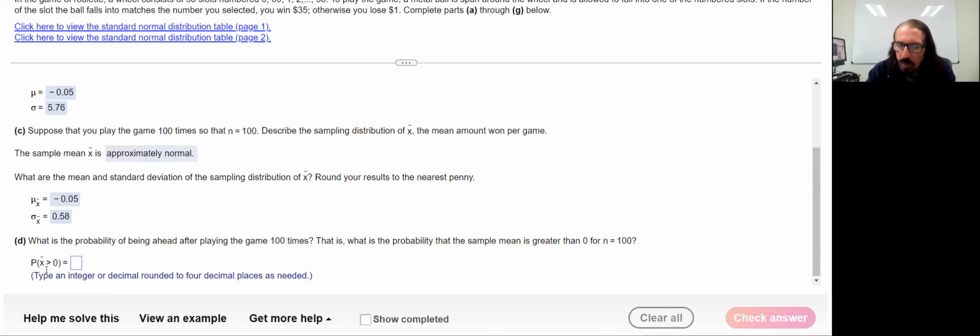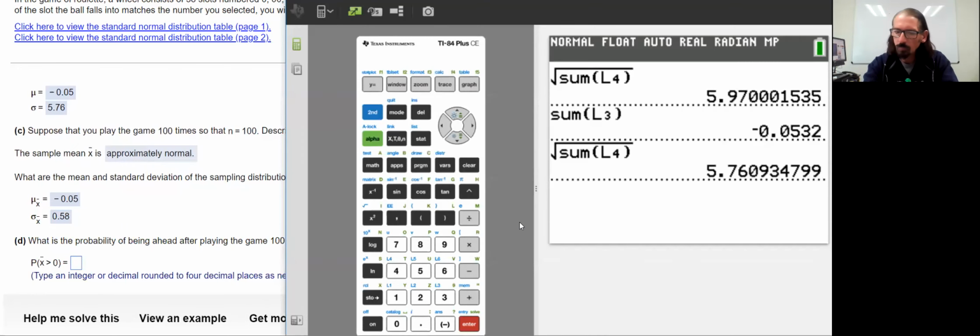What's the probability of X measuring how much money is received? If positive, you receive; a negative is actually a loss. What's the probability X is greater than 0? Okay, so score minus mean divided by standard deviation, 5.76 divided by the square root of 100.